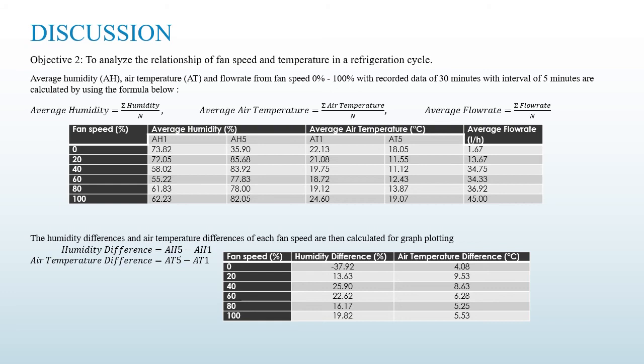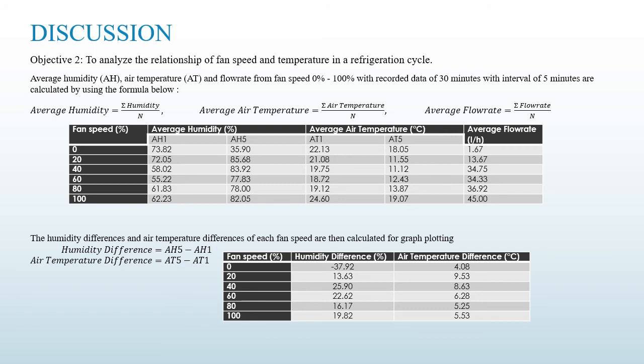Hence, the average AH1 for fan speed at 0% from 5 to 30 minutes is equal to 73.82, followed by the average AH5 for fan speed at 0% from 5 to 30 minutes, which is 35.9, and so on.